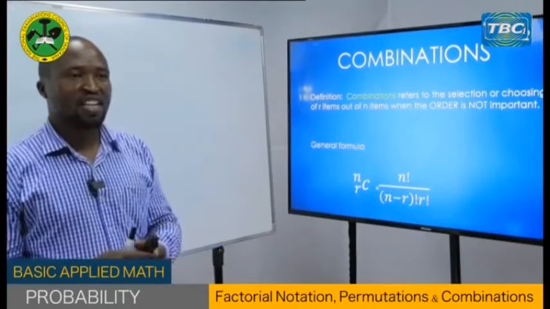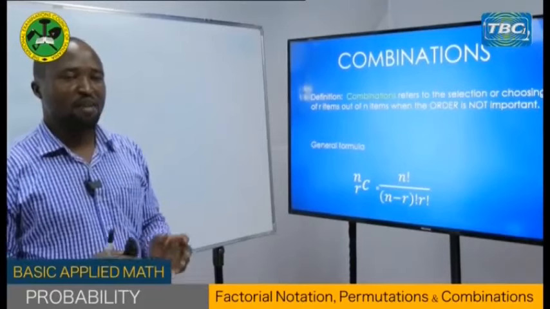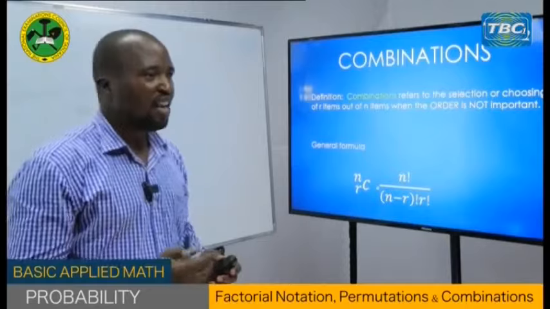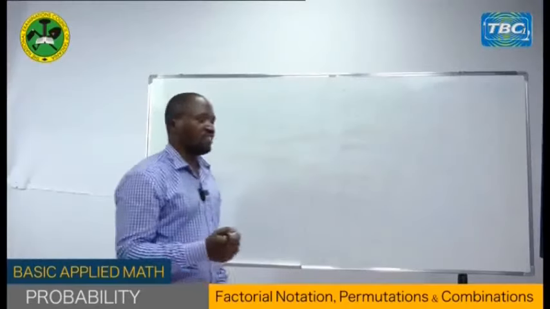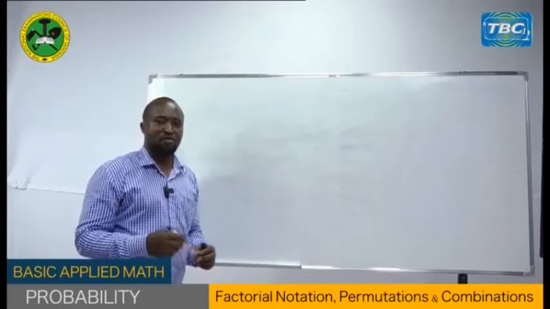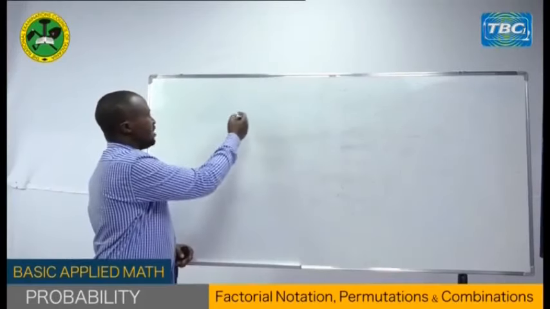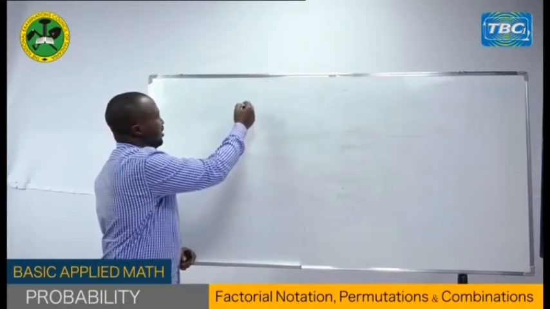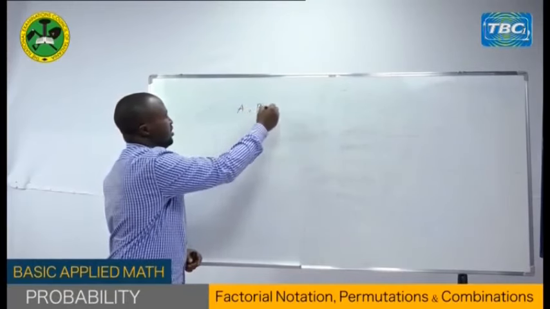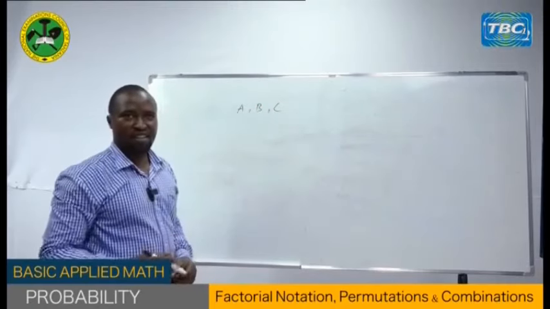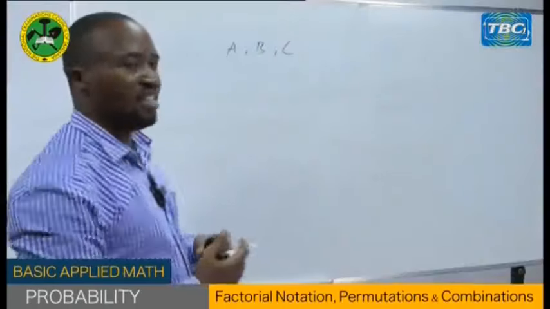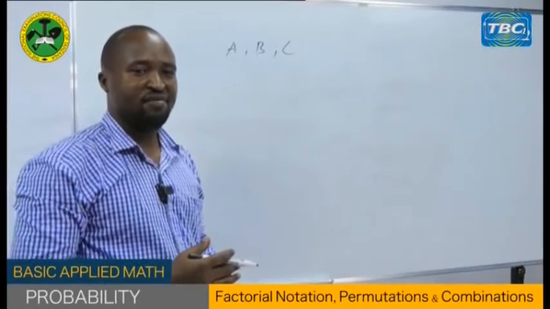In permutation, the order is very important, but for combination, the order is not important. Now, my dear student, consider three pieces of marble labeled A, B, and C.